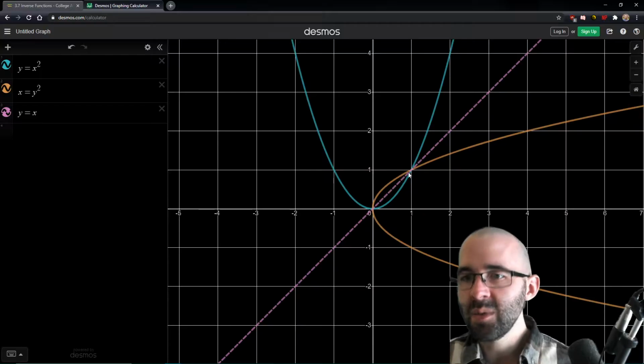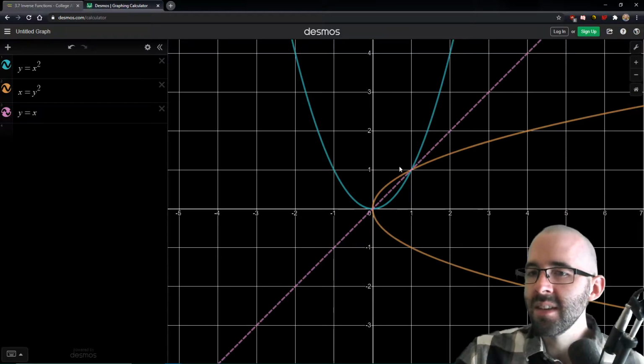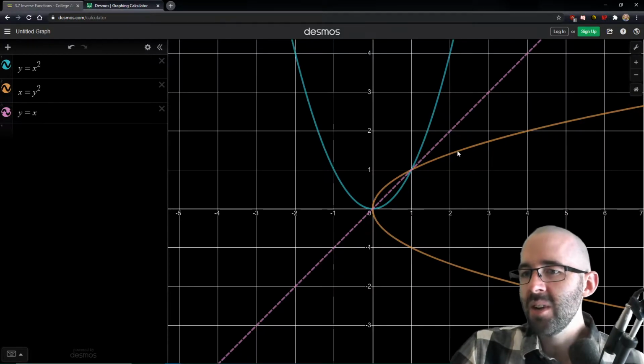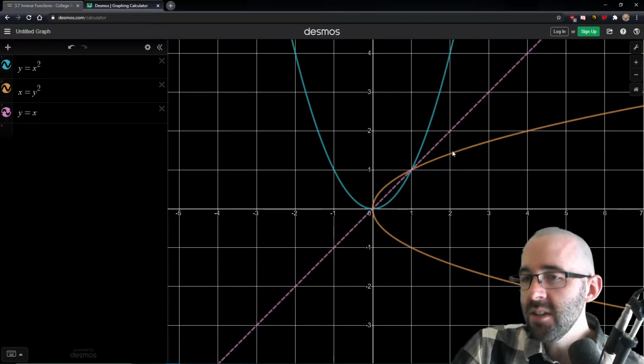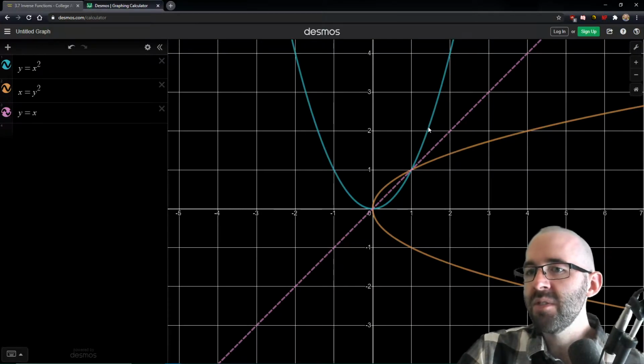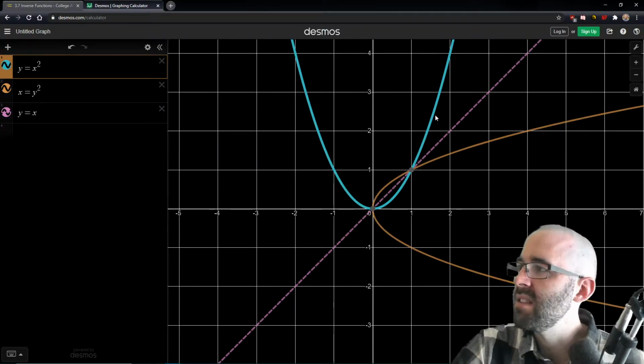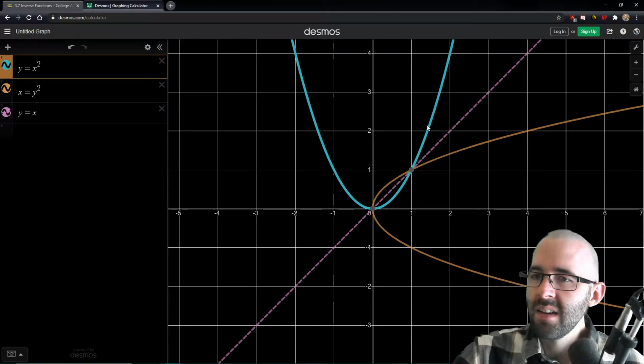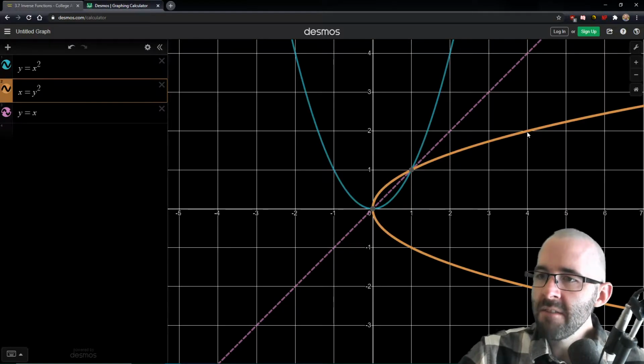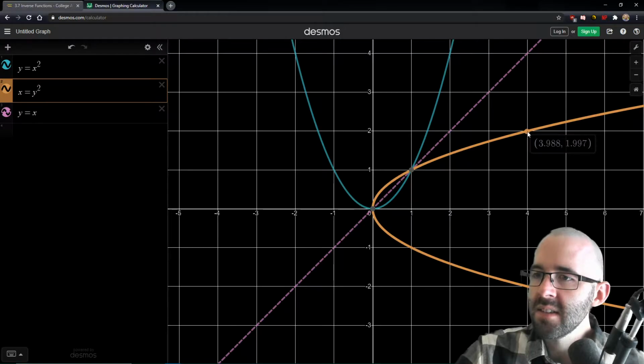Oh. Again, we still have that symmetry. But since this orange graph, this inverse relation, is always just this reflection, it's the blue graph always just sideways in a sense. But notice that the orange graph fails the vertical line test.